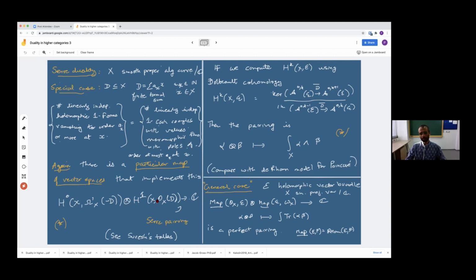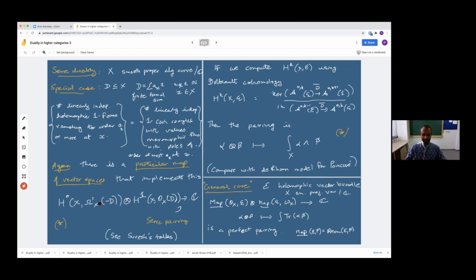But now we promoted this to a pairing on vector spaces: a pairing from H0 of X, omega 1 of X minus D. This is nothing but holomorphic one forms vanishing along D. And these are exactly one-check cocycles of meromorphic forms with poles along D. And so I have this pairing to C, which is the Serre pairing. And this is what Suresh described in his talks.